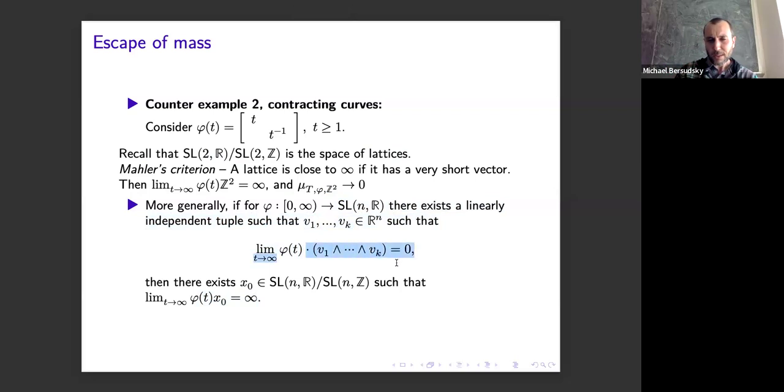So what does that mean? It means that this is the exterior product. You can think of it as this curve shrinking a parallelogram determined by these vectors. The lattice will degenerate due to that fact.